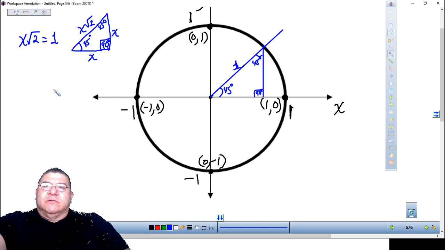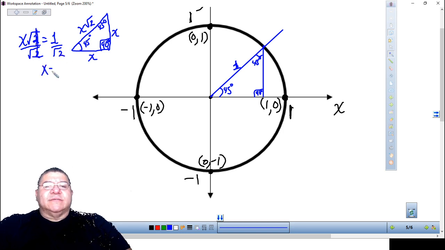Alright, so let me solve for x. If x is multiplying square root of 2, we need to get rid of square root of 2, so square root of 2 divided by square root of 2, we end up with x equals 1 over square root of 2. Can we leave the denominator with a square root? No. So that means I need to multiply times square root of 2 top and bottom.